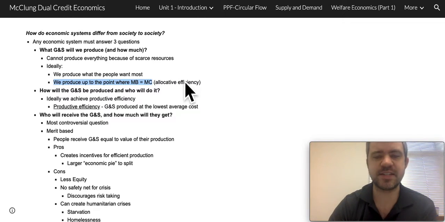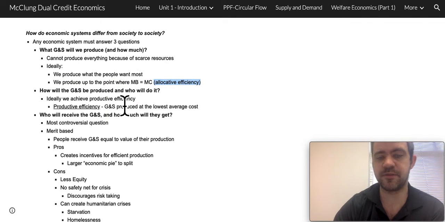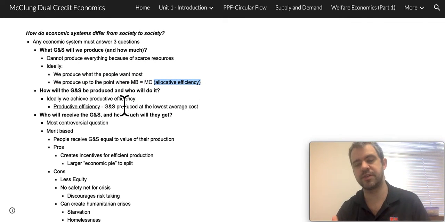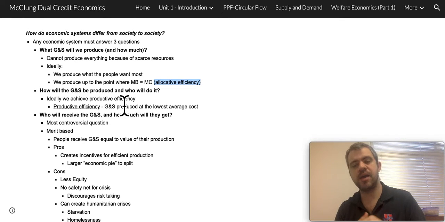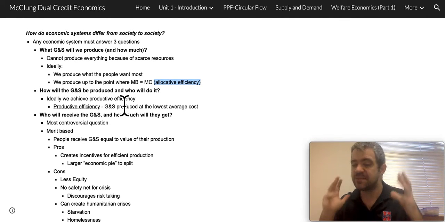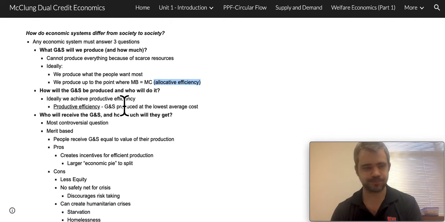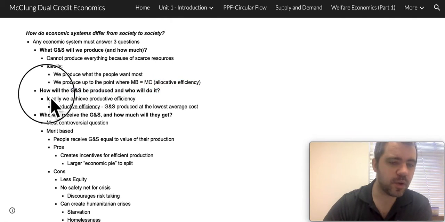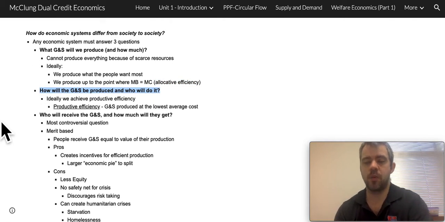So this is the ideal. This is something called allocative efficiency, where we're using our resources in an efficient way, where we're benefiting as much as is possible.